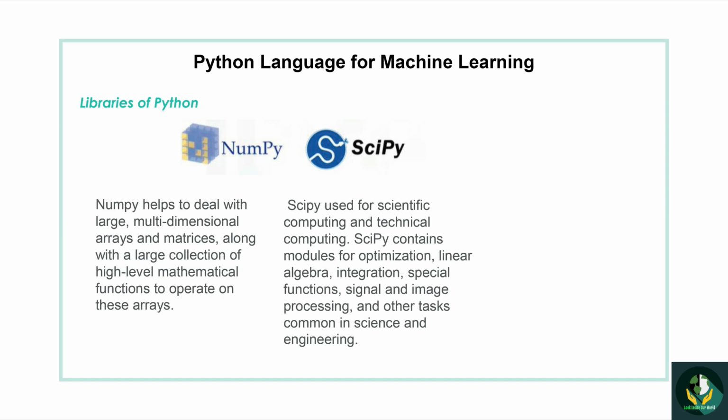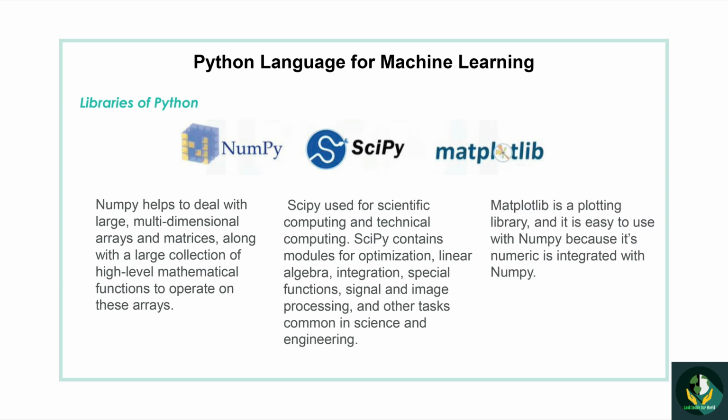SciPy contains modules for optimization, linear algebra, integration, special functions, signal and image processing, and other tasks common in science and engineering. The third is Matplotlib. It is a plotting library and it is easy to use with NumPy because it's numeric and integrated with NumPy.